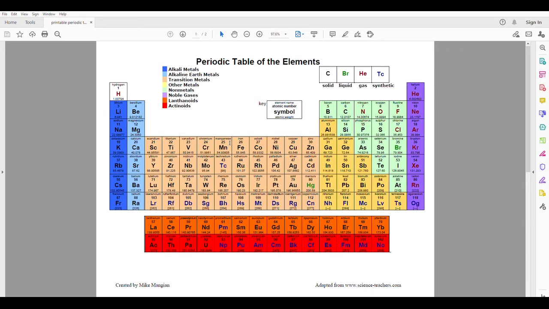Okay. Now for the neutrons, we can figure that out looking at this table as well. As you can see, in each one of these, there is a number at the bottom there, and that number is the atomic mass. So how much does the average atom of this thing weigh?